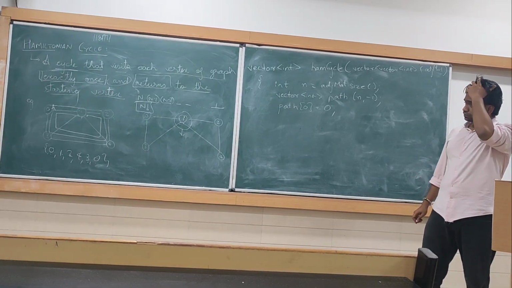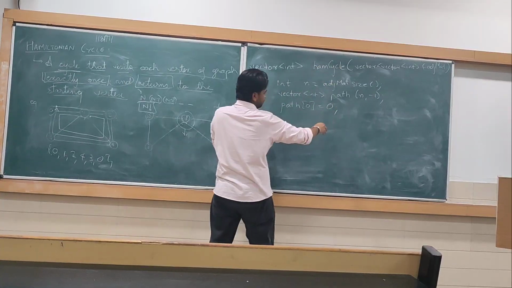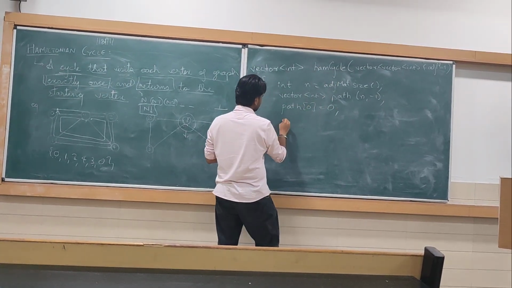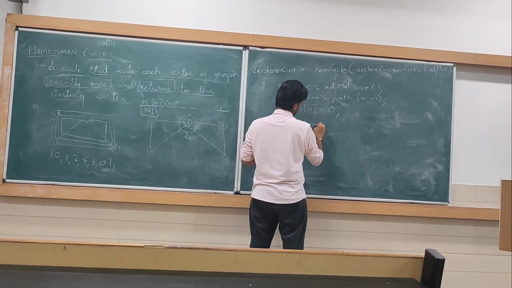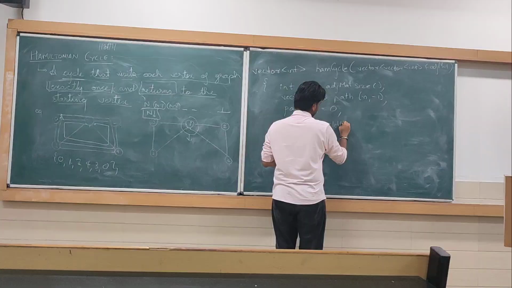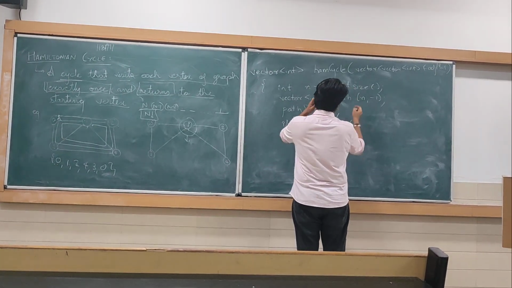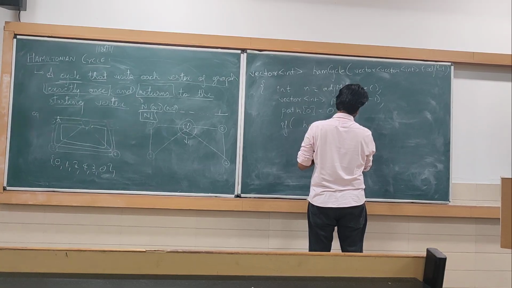So let us try to write one more function here. Since this is our main function, we write a utility function, right? Hamiltonian cycle utility, alright, and I am passing adjacency matrix to it, right?